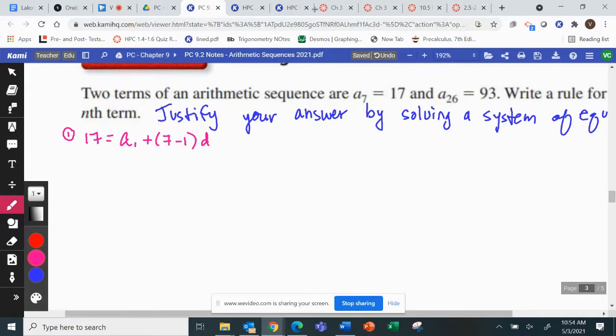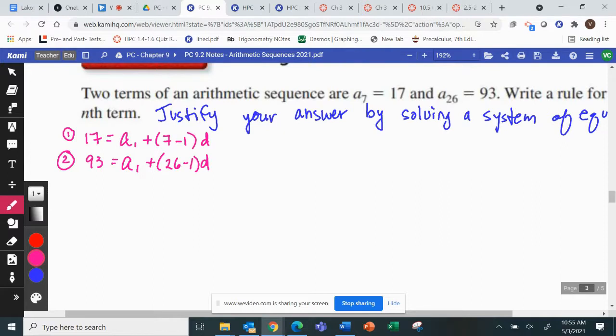And then equation 2: 93 equals a sub 1 plus 26 minus 1 times d. Again, I do not know a sub 1, and I do not know d. So we have 2 equations and 2 unknowns. If you have enough equations that it matches the unknowns, we can use systems to solve this. The number of unknowns, the number of variables, you have to have that many equations. So if I had 3 unknowns, I'd need 3 equations.